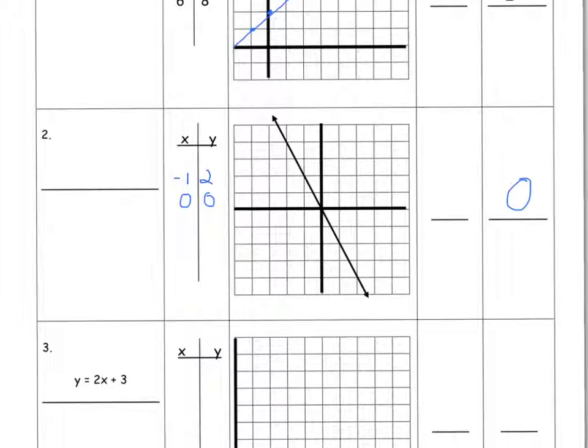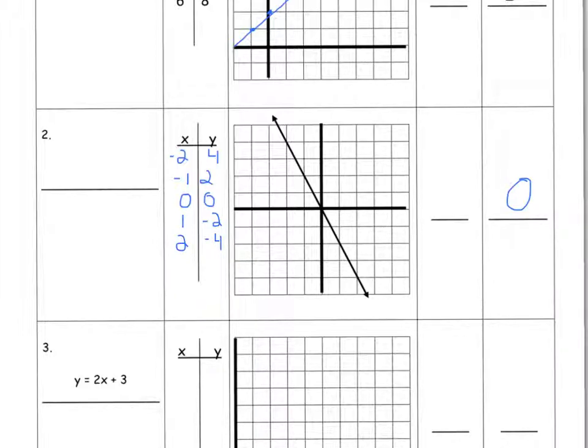And it looks like when x is -2, y is 4. Okay. And then I can go down here and see, when x is 1, y is -2. And when x is 2, y is -4.